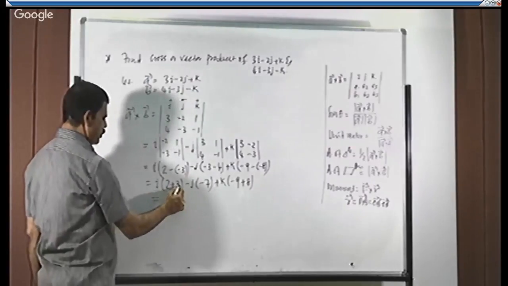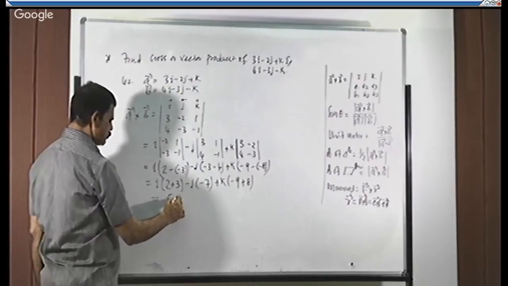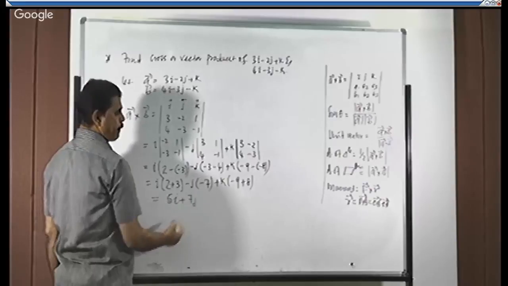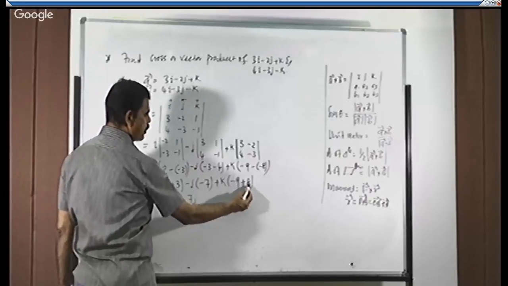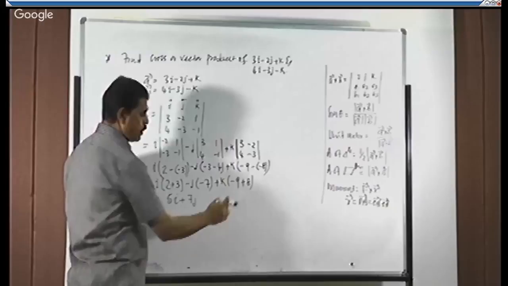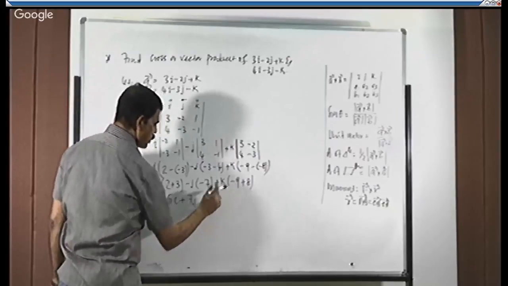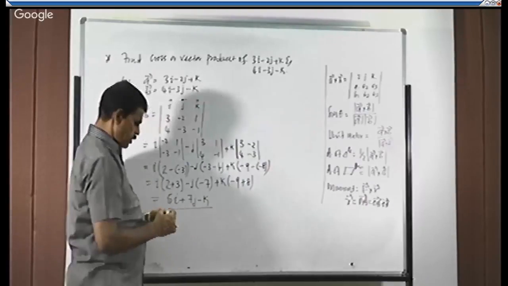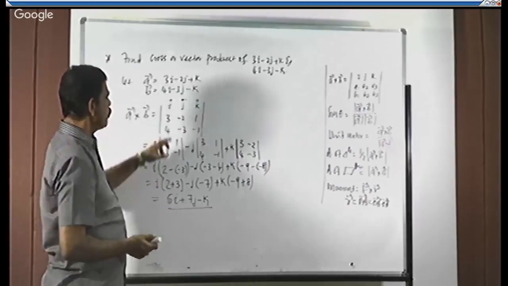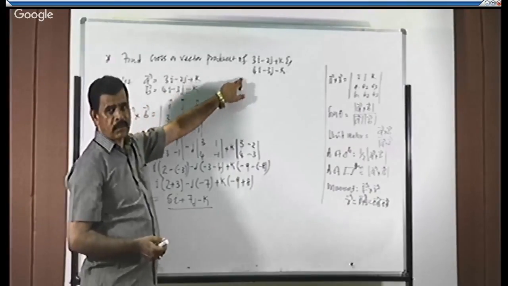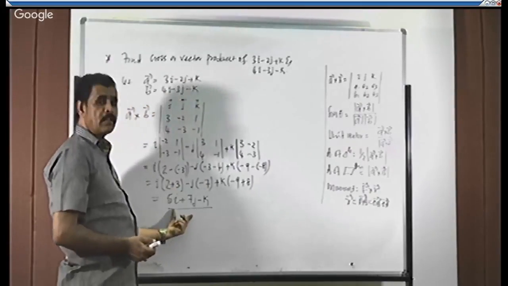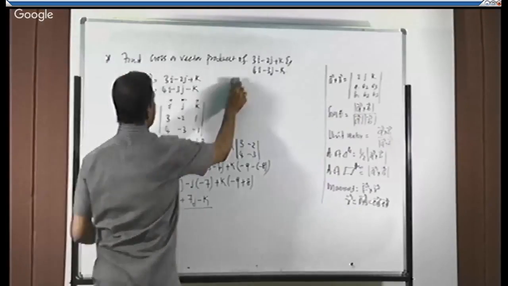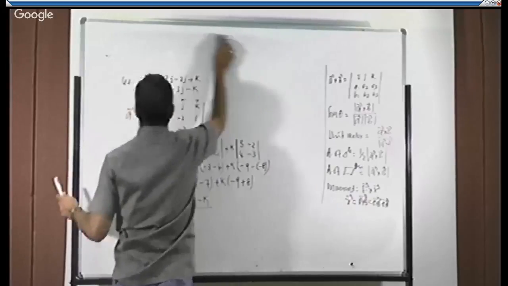Finally, 2 plus 3 is 5, so 5i, minus into minus plus 7j, minus 9 plus 8 is minus 1. That minus 1 is multiplied with plus k, so it is equal to minus k. This is the cross product or vector product of the given vectors. See, we are always getting another vector. Take the next problem.